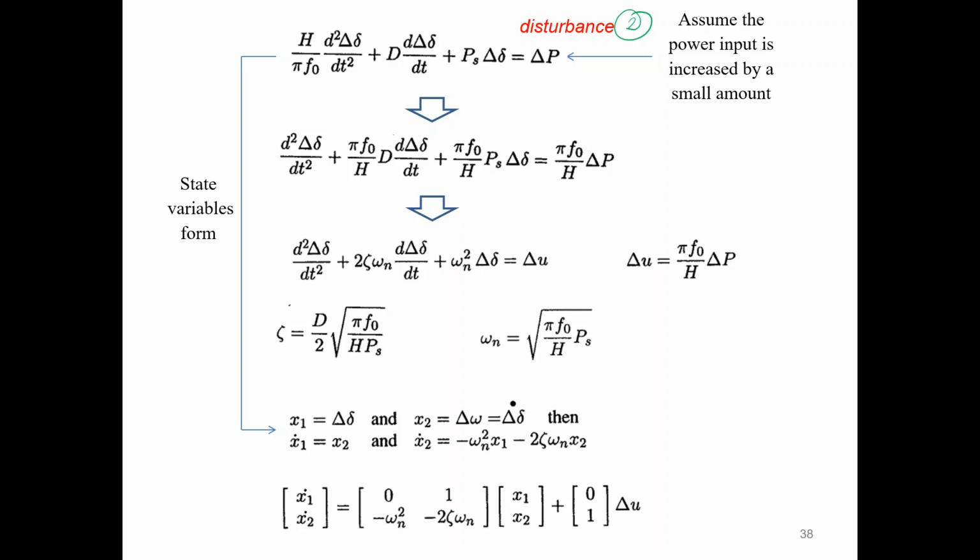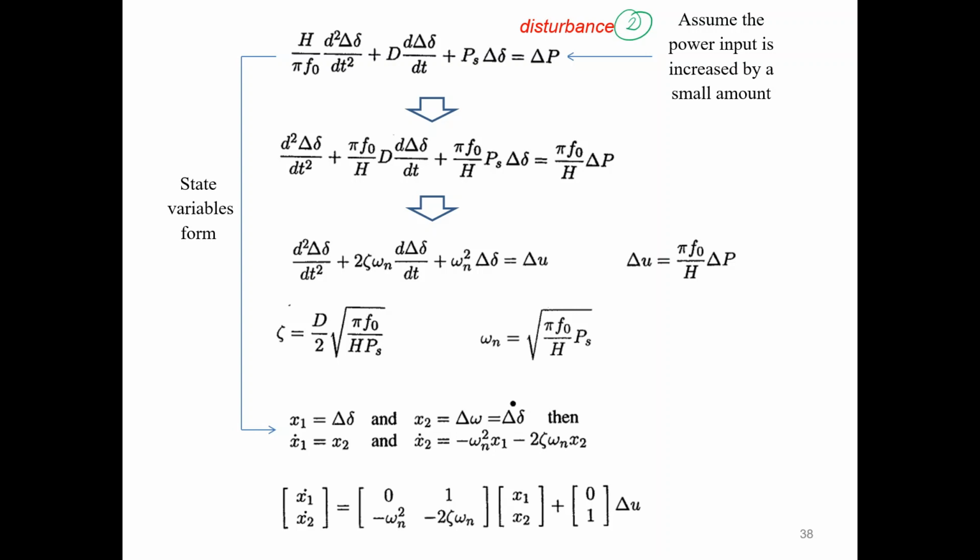But now, on the right side of this equation it was power, right? You remember from the swing equation, the right side of the swing equation is power. If we introduce any change to power, it means that we introduce the change to the input term. Now, if we change the input delta P, we have to remodel the state variable form.